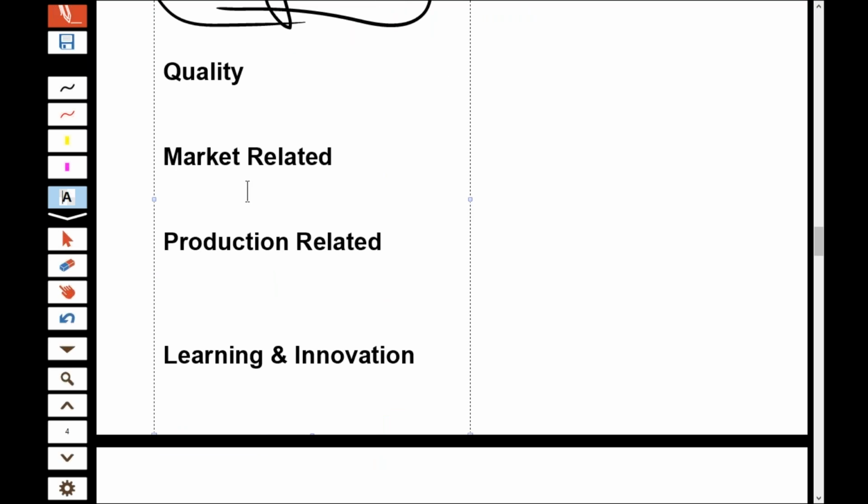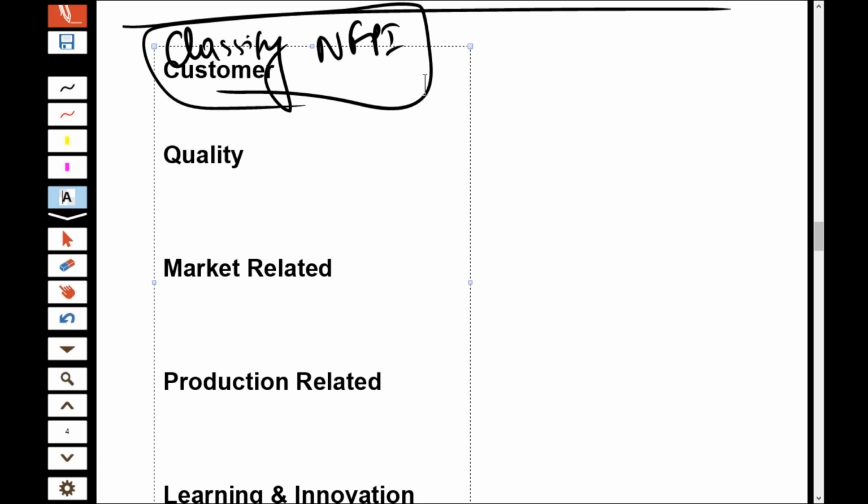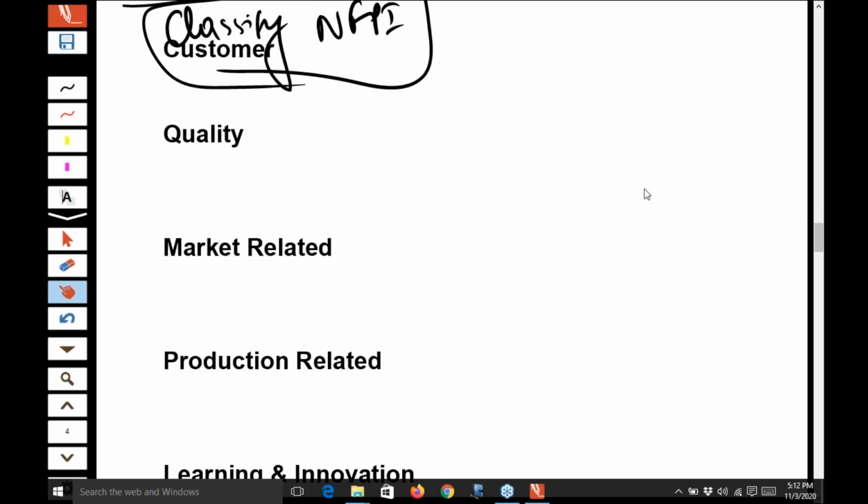Now, we have got a general idea about what it is. Now, let's try to have an understanding of these different categories: customer, quality, market related, production related, learning and innovation. Anything else that you can suggest, please?